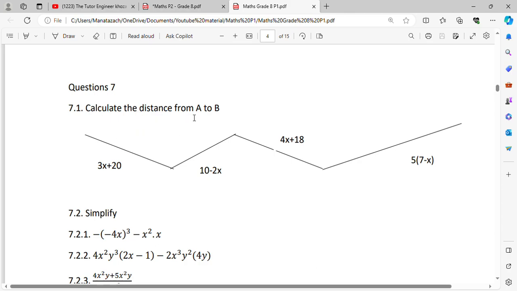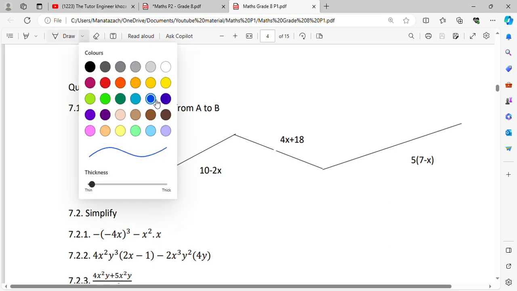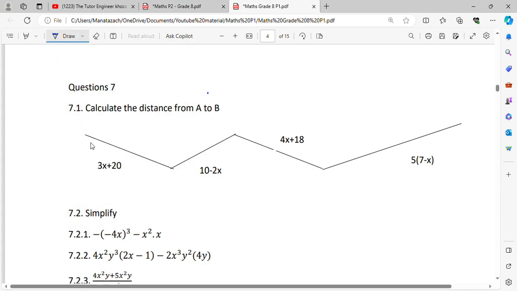Calculate the distance from A to B. Basically, you have to calculate the distance from the beginning until the end. So you have to sum up all that you have.